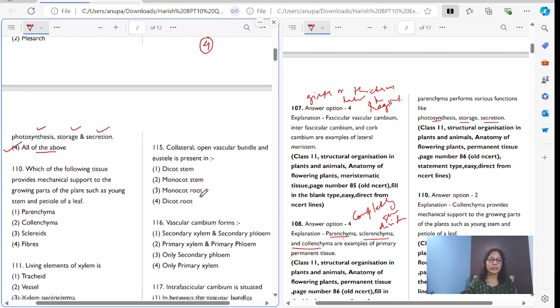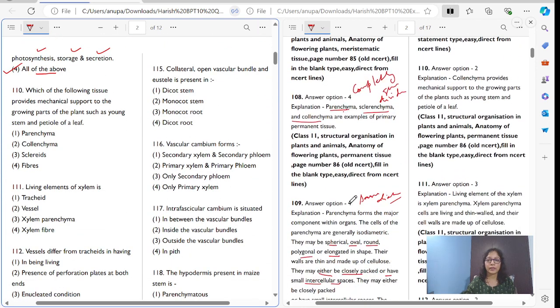Now let's move to the next question, that is question number 110. It states that which of the following tissues provide mechanical support to the growing part of the plant such as young stem and petiole of leaf. The young stem and petiole of the leaf are the growing parts of plant, and we have to find what kind of tissue is present in these parts.